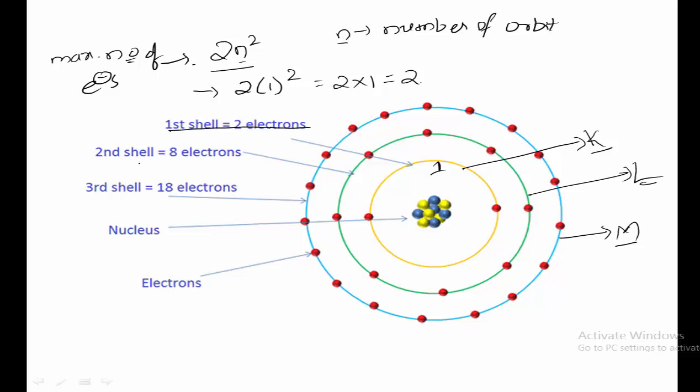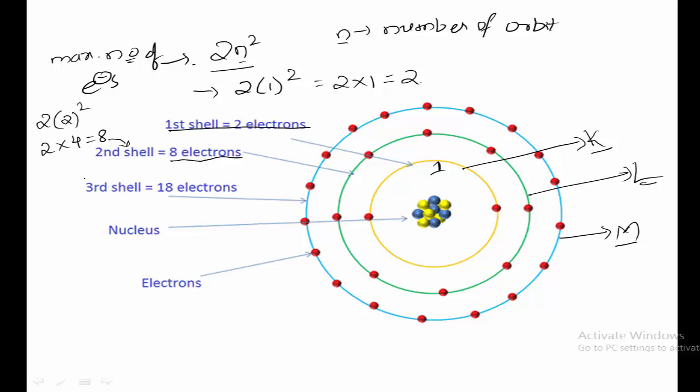And in the second shell, apply the same formula, 2n², substituting 2²: 2 × 4 is equal to 8. So in the second shell, the maximum number of electrons is 8.